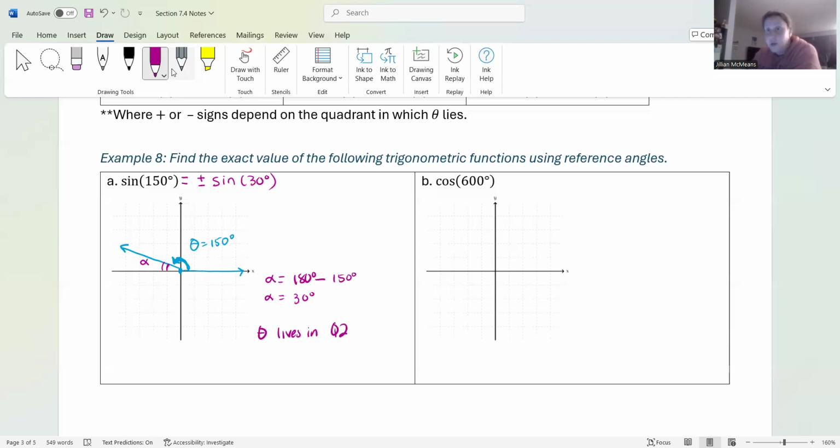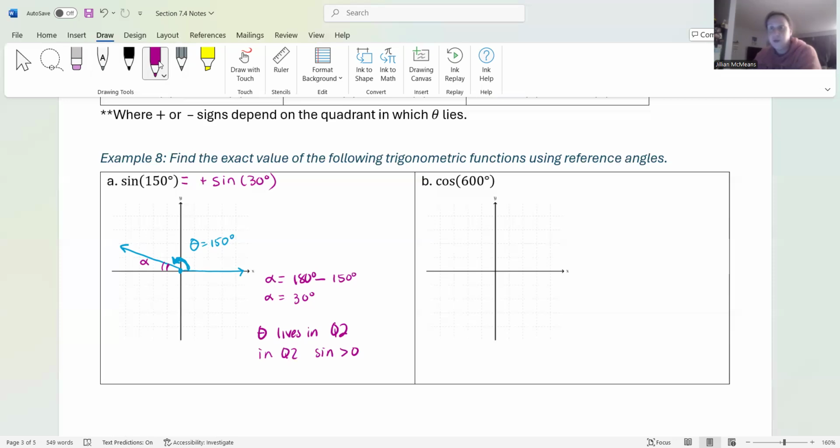And in quadrant 2, sine is positive. So in Q2, sine is greater than 0. Therefore, we can say that sine of 150 degrees is equal to positive sine of 30 degrees, since we know the terminal side is in quadrant 2 and sine is positive in quadrant 2, okay?